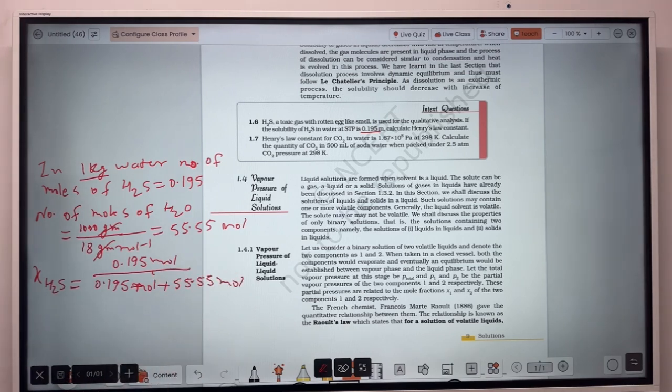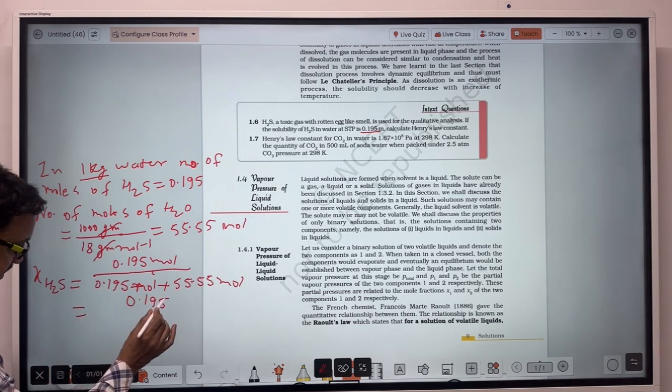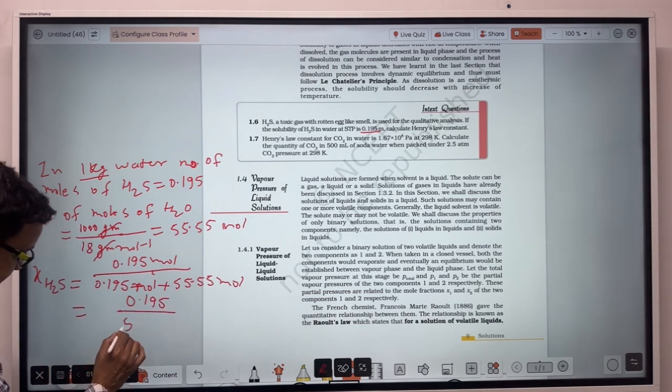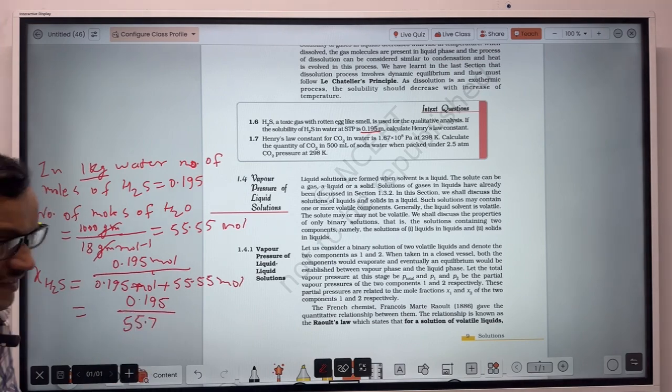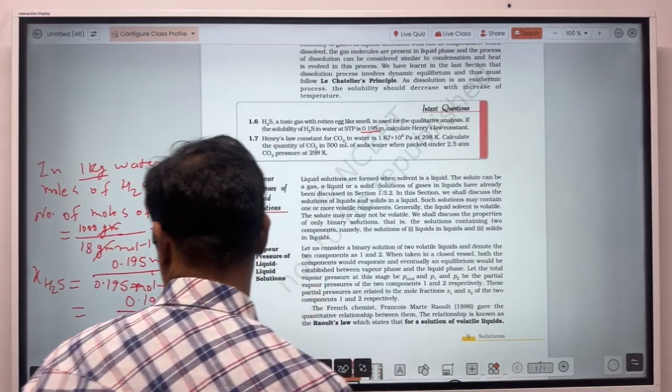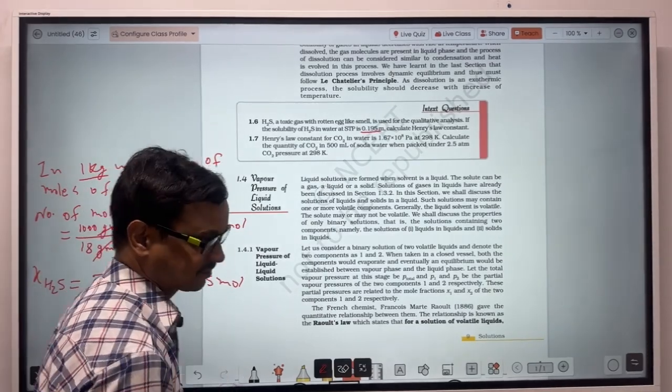So 55.55 plus 0.195; you may take it as 0.2 to calculate fast. So that will be equal to 0.195 upon 55.7. Okay guys, the mole fraction will be that much.